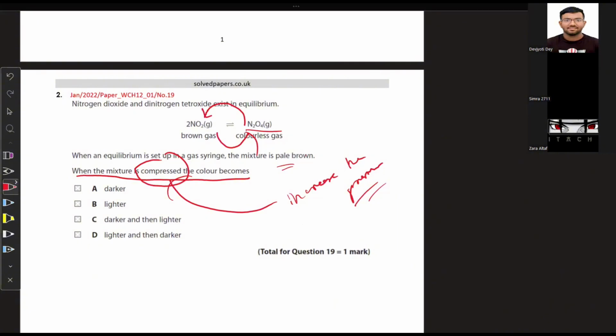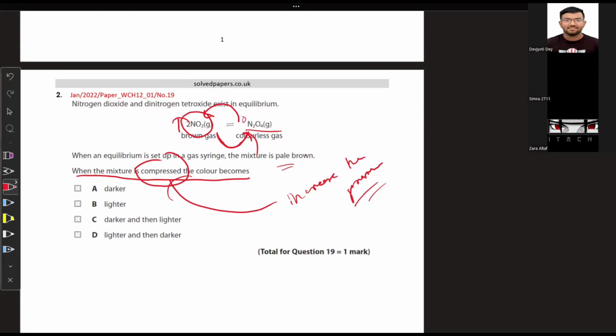So we can clearly see that the reactant is NO2 here. So if we compress the whole system by increasing the pressure of NO2, then what is going to happen? At first, the mixture is going to turn darker, and then at one point, in order to achieve stability, it will move in the designated direction, which you said, fewer moles, if we increase the pressure.